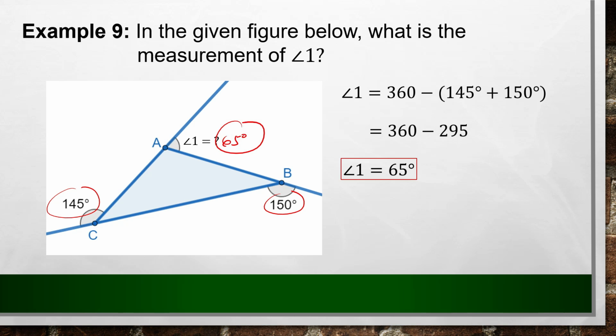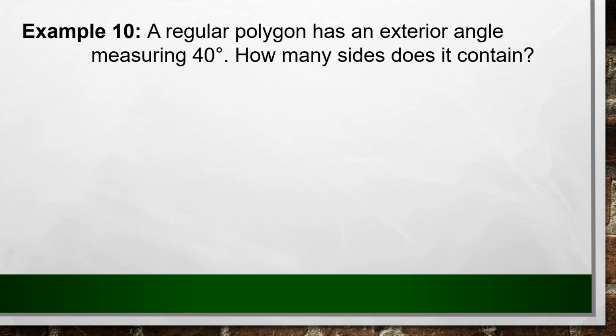Alright, let's go to the last example now. A regular polygon has an exterior angle measuring 40 degrees. Again, a key word here is the word regular. So in a regular polygon, not only are all the sides equal and all the interior angles equal, but all the exterior angles are also equal.